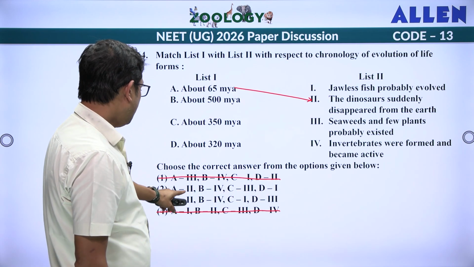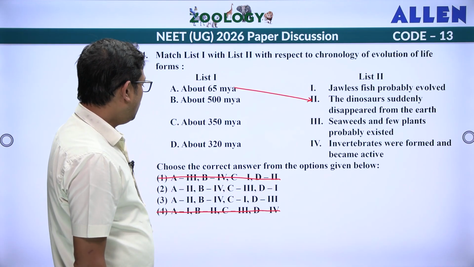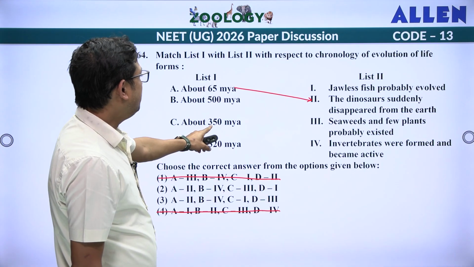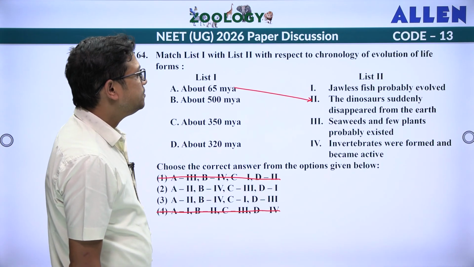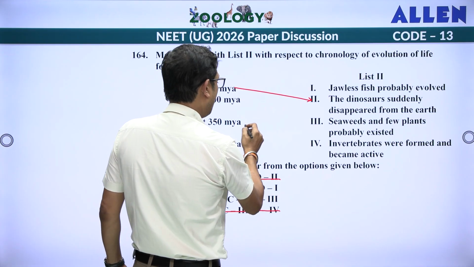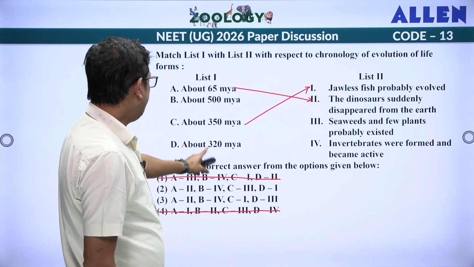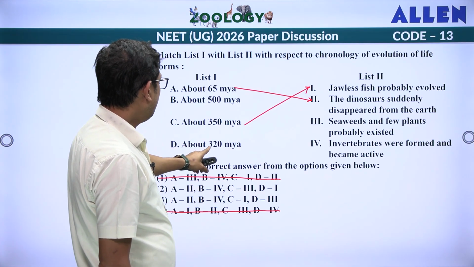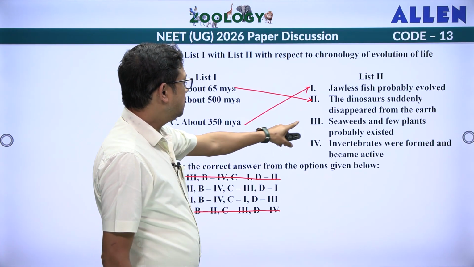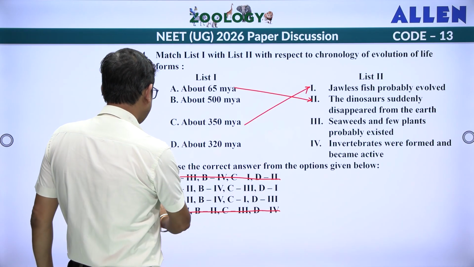B no need to check. C I have to check whether 3 or 1. C is around 350 million years ago. What happened? Jawless fish probably evolved. C should be 1. And D would be 3. About 320 million years ago, seaweed and a few plants probably existed. So answer is third one.